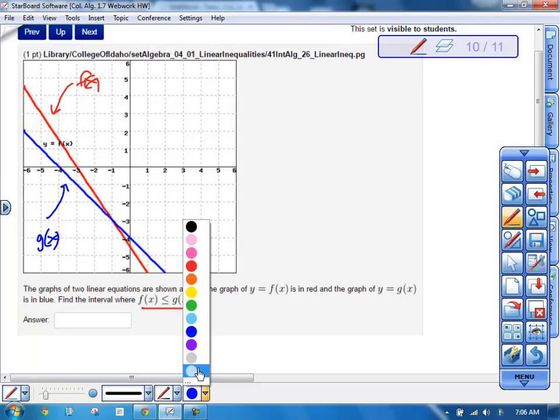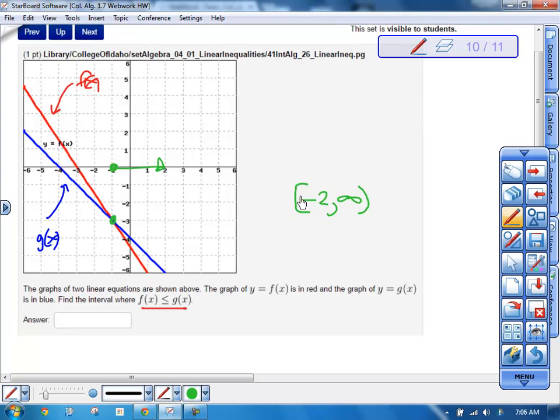So here's the intersection point right here. So that means from this point forward, for x values, the red one's smaller than the blue one. So that's what we're going to say from -2 to infinity. As an interval, that'd be -2 to infinity. And you can include -2 because that point's included. As an inequality, that would be x is greater than or equal to -2, which I think is what they want here.